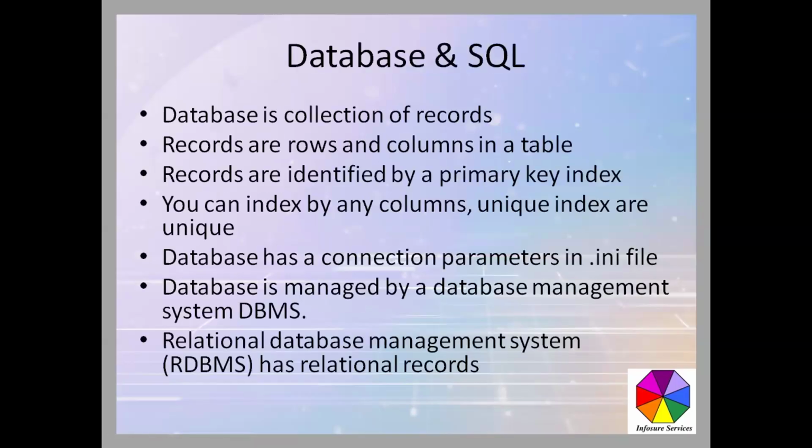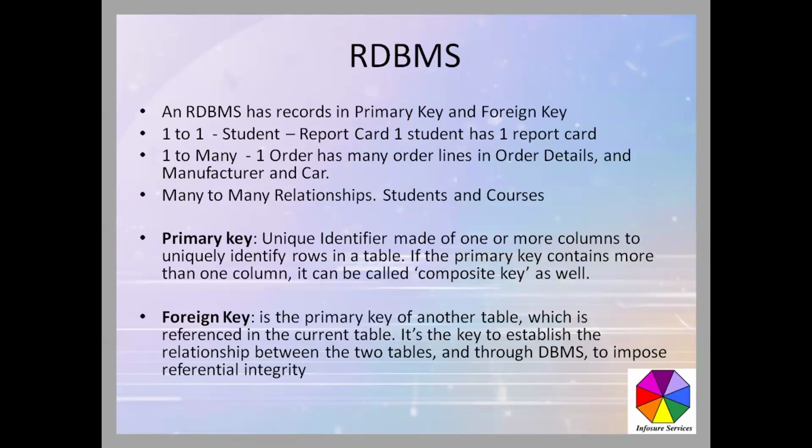A database is a collection of records and columns, a relational database, and an RDBMS as relational records. We saw the various types of referential integrity: primary key and the referential integrity constraint. Simply, a table having a primary key is related to another table, where that primary key of the first table is repeating many times, called the foreign key.